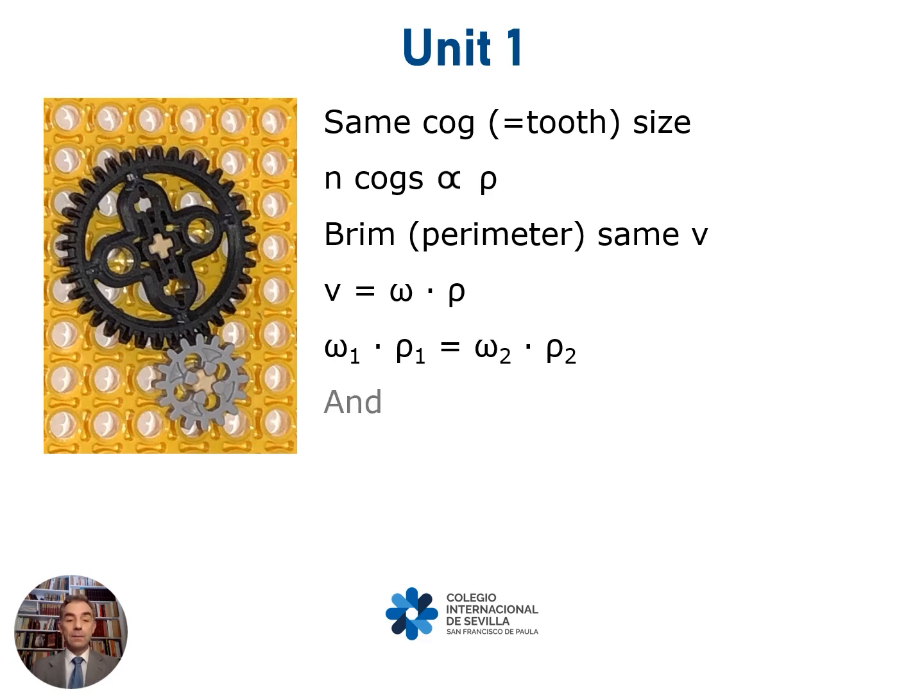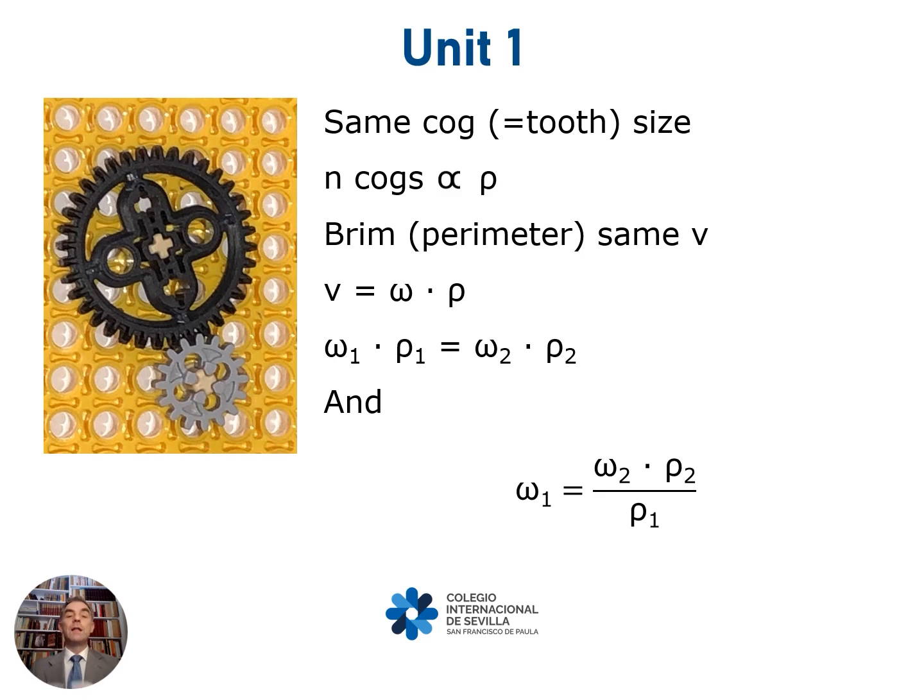And if we find out angular speed 1, it will be angular speed 2 times radius 2 divided by radius 1, meaning the angular speed is inversely proportional to the radius.